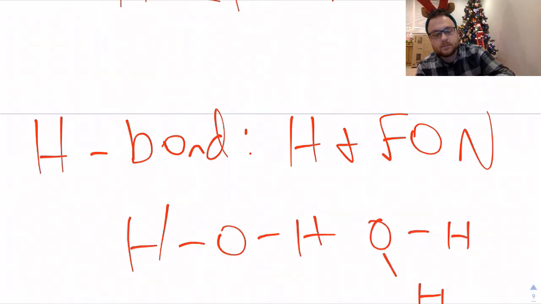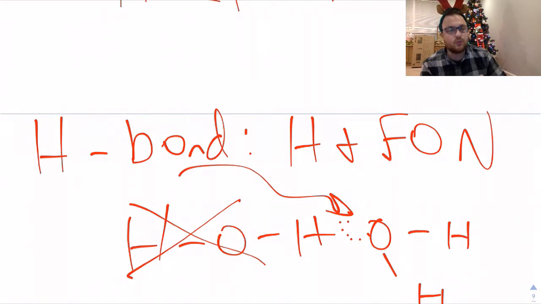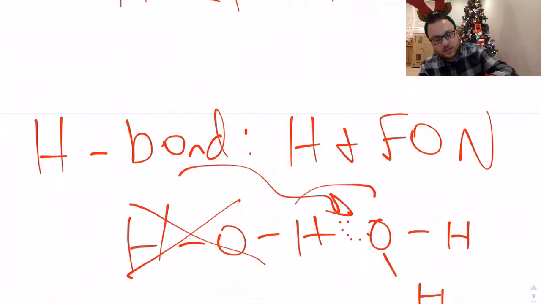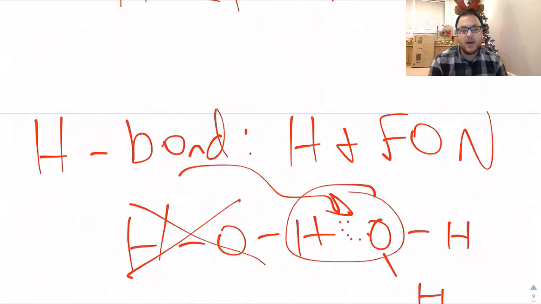Not this. That's a real bond. That's a covalent bond. This is the hydrogen bond, because an IMF is between molecules, not within. So no, not the hydrogen bond. Yes, that's the hydrogen bond.